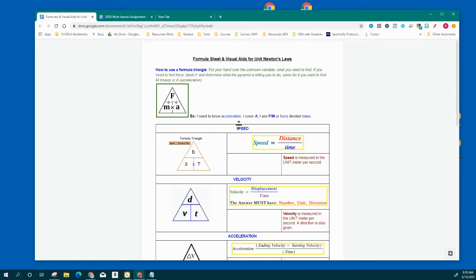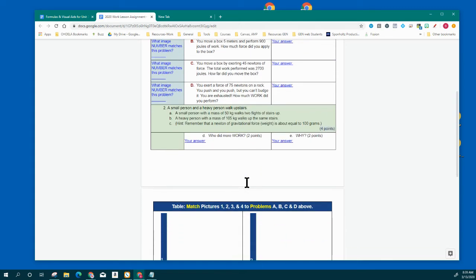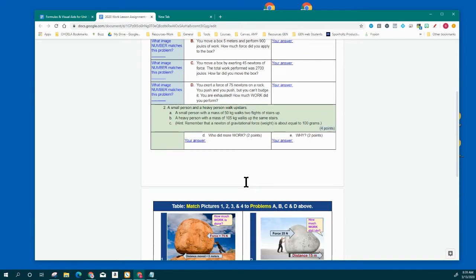We're going to practice using the formula triangle with our work lesson assignment. The work lesson assignment has two problems. The first problem is broken down into 4 smaller problems. And those 4 smaller problems ask you to identify scenarios that go along with each problem.